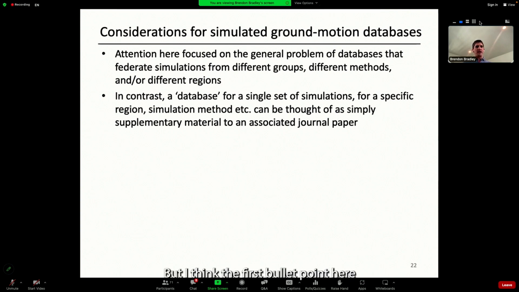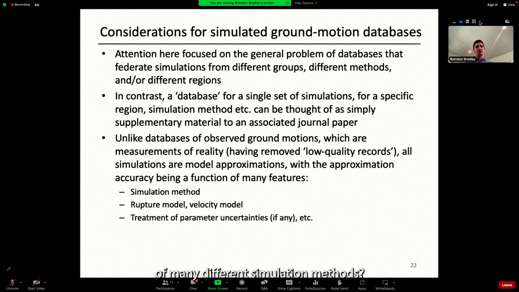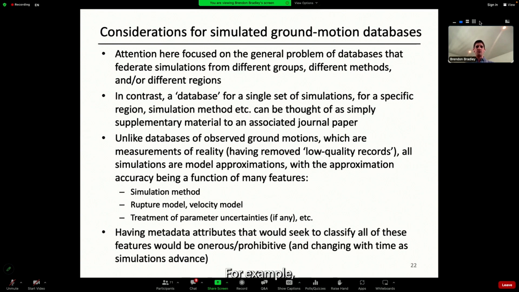But I think the first bullet point here forces us to understand how we handle that heterogeneous combination of many different simulation methods. Because, of course, unlike databases of observed ground motions, which are measurements of reality after we remove the bad, low-quality records, all simulations are model approximations, and that approximation accuracy is going to be a function of many features listed here, for example.